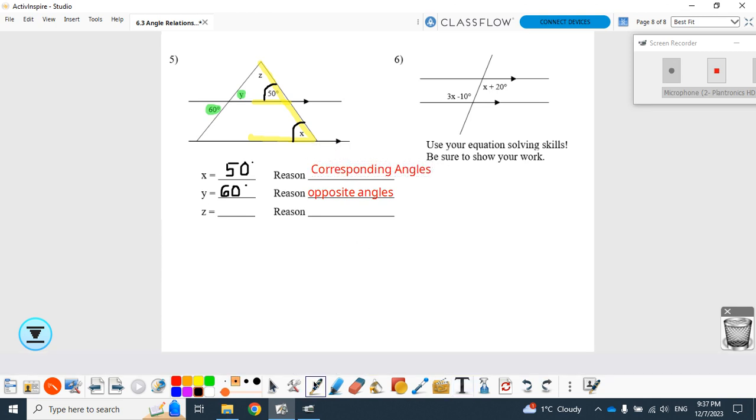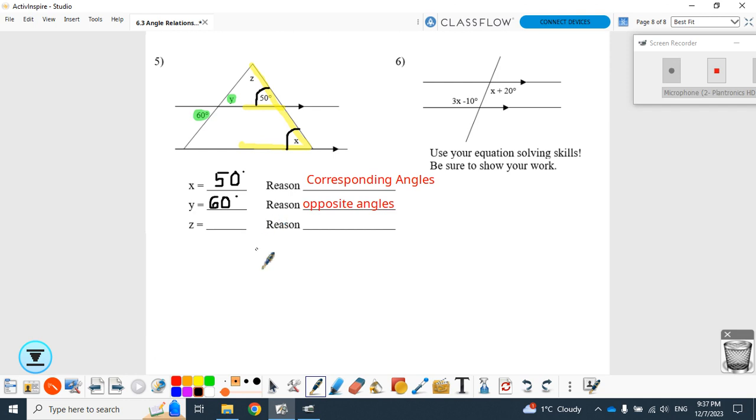And then angle Z, how can we get angle Z? Let me go ahead and draw all over this thing here. If you look at the top triangle, I'm going to highlight it to make it extremely obvious. This is just a triangle.